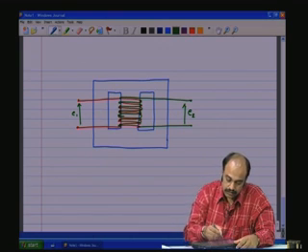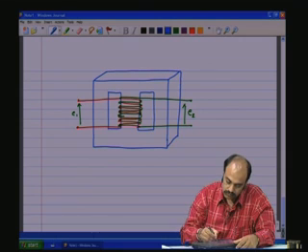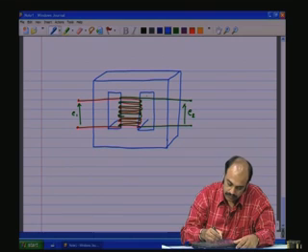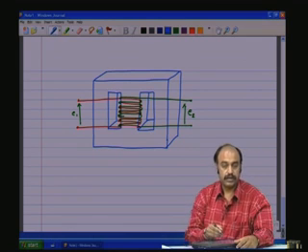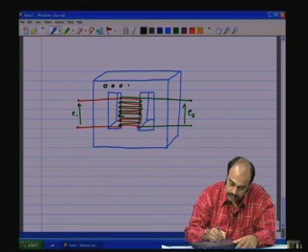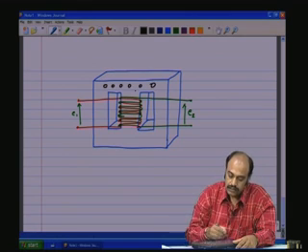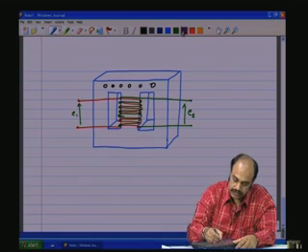Now, here of course, if I make it into an isometric 3D, this will look more like the transformer that we have here, and we have the terminals which are brought out here, and actually these points are soldered onto this.